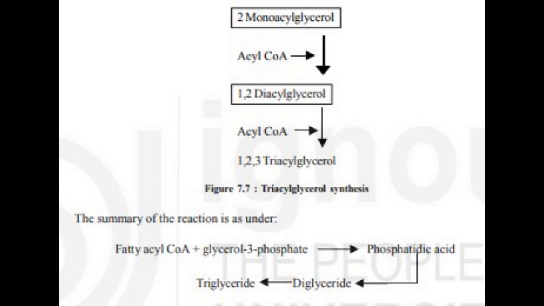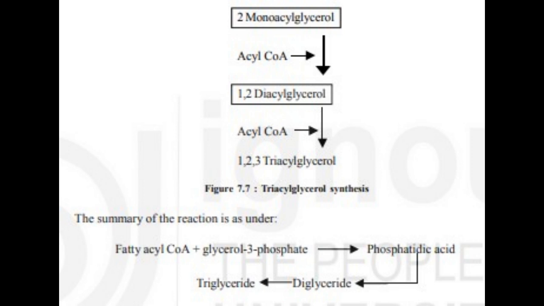This phosphatidic acid contains glycerol with a fatty acid each in carbon 1 and 2 and a phosphate group in carbon 3. The phosphate is then removed by phosphatidic acid phosphatase to yield 1,2-diacylglycerol, the substrate for addition of the third fatty acid.